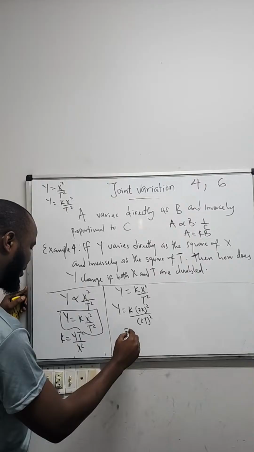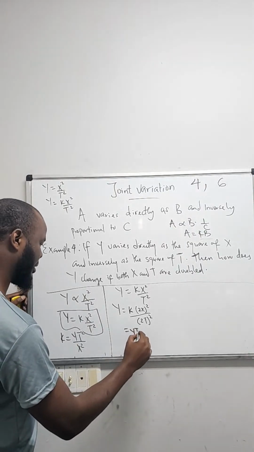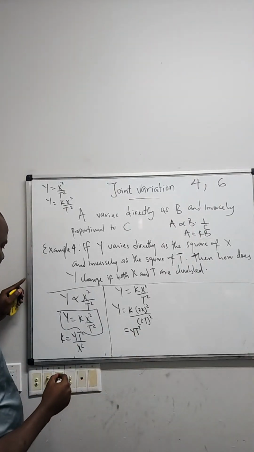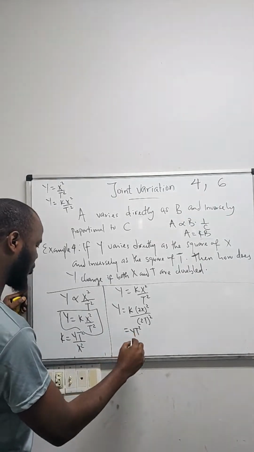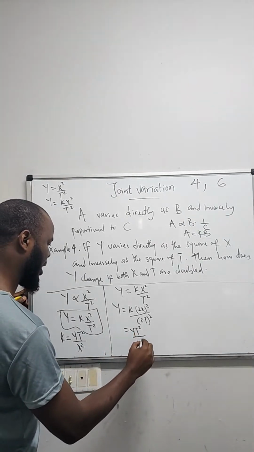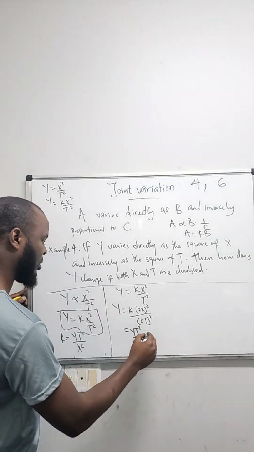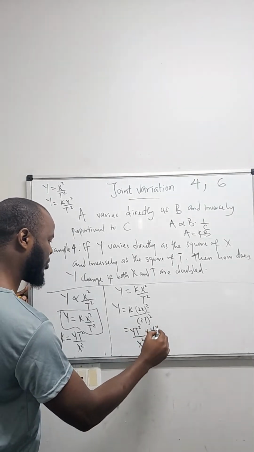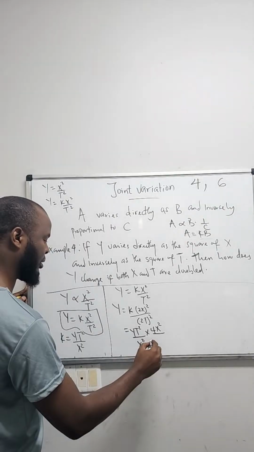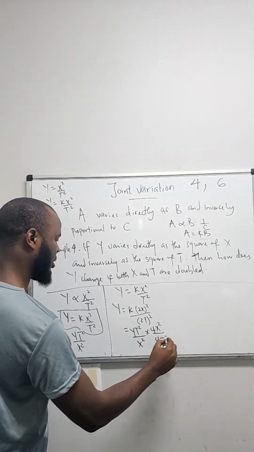My k is y t squared over x squared, multiplied by 4x squared over 4t squared.